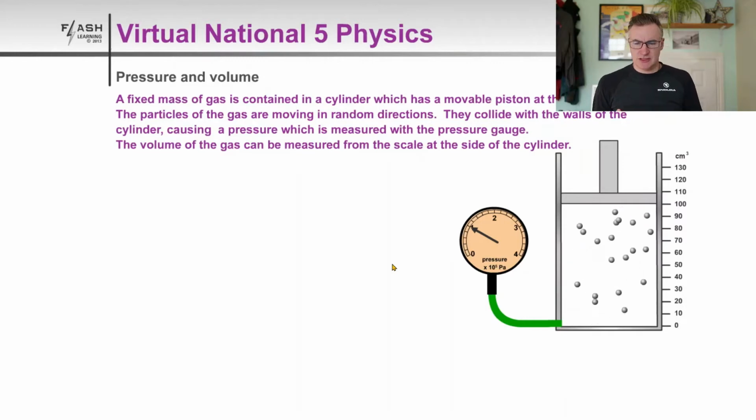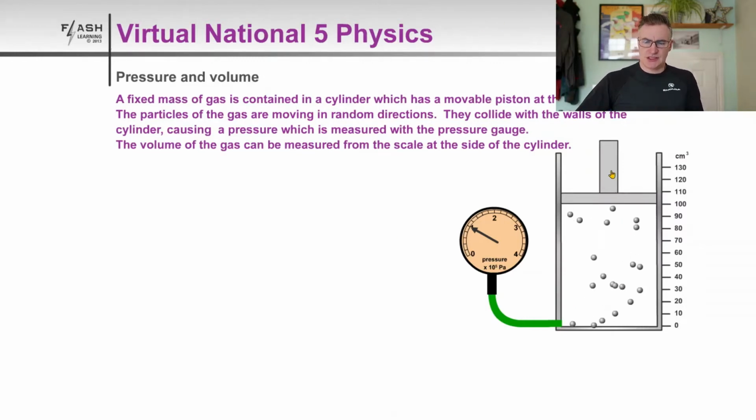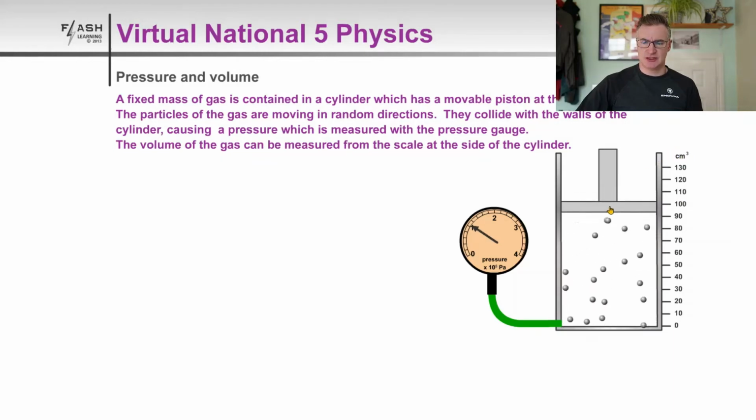So what I'm going to do is adjust the piston, vary the volume, and measure the pressure. Really simple. So the container is set up so that you can adjust the volume and measure the pressure, and we start at 100 cubic centimeters and we can take it down to 90.